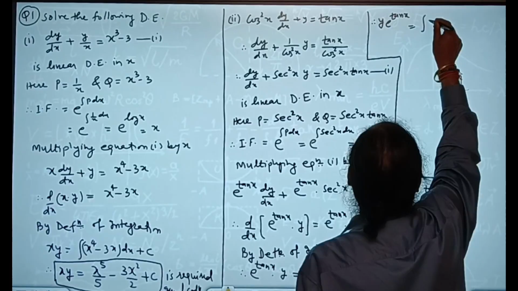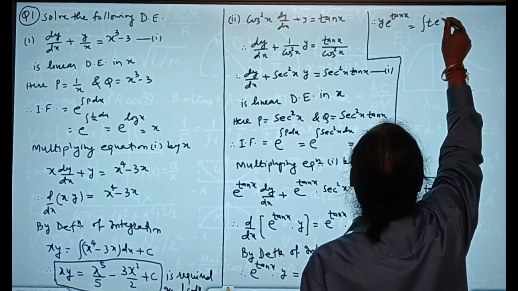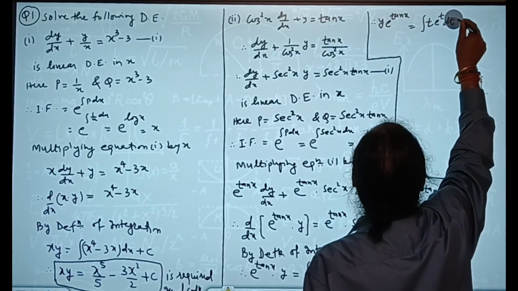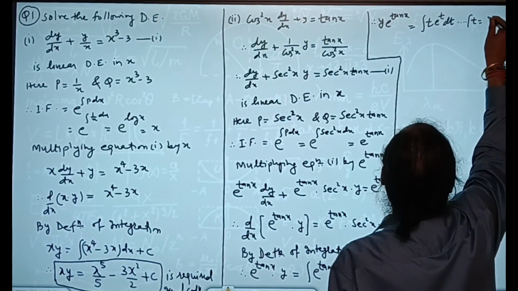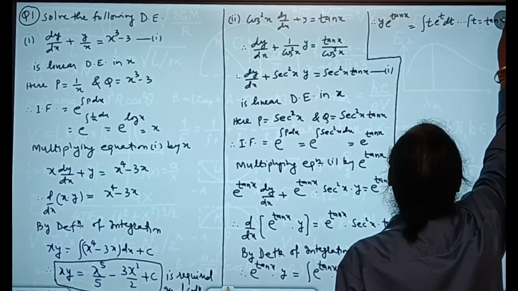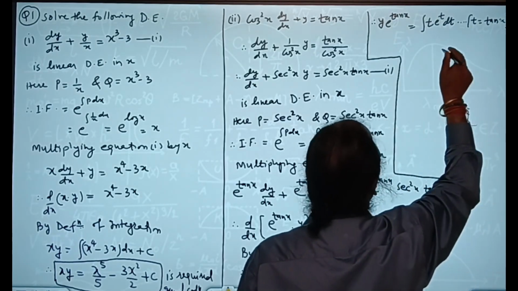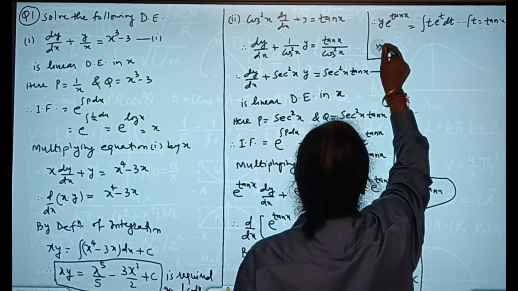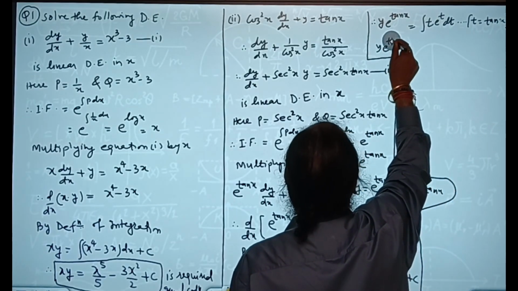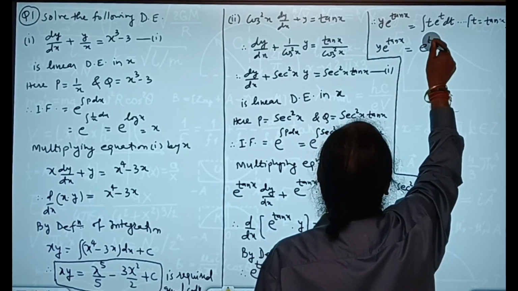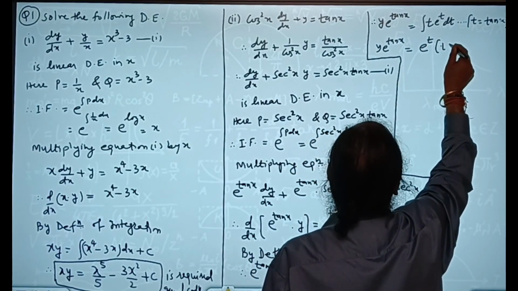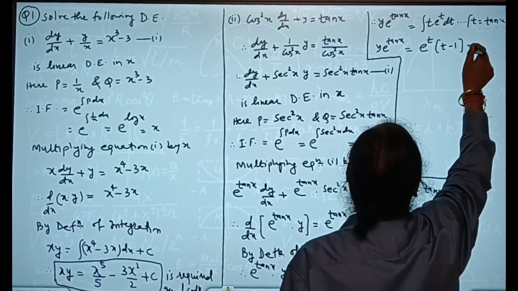So this is integral of t e raised to t dt, where t is tan x. This is e raised to t into bracket t minus 1, by integration by parts.